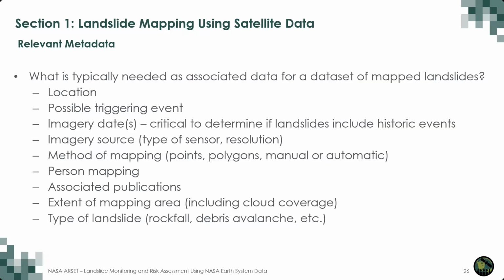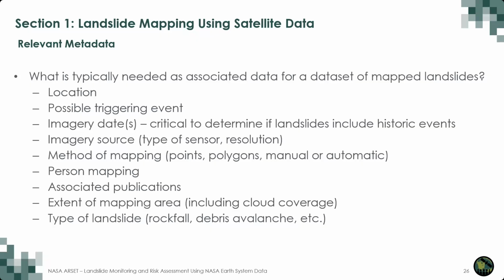This is particularly important if we're using pre and post imagery, so that we can determine whether the landslide inventory includes just the landslides triggered by a specific event bracketed by those images, or whether it includes historic events prior to that as well. We'd want to include information about the source, the type of sensor, and resolution.